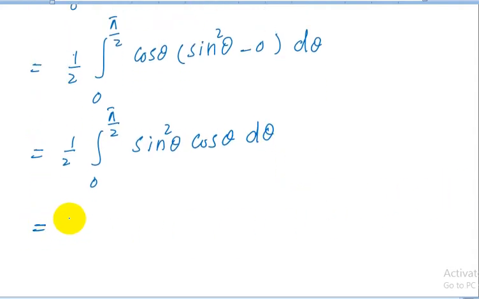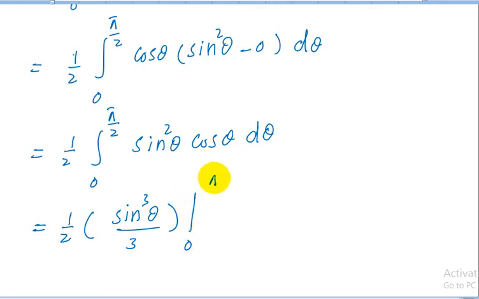Now by the power rule of integration, the derivative of sine theta is cos of theta, so this integral becomes sine power 3 theta upon 3, and the variation of theta is from 0 to pi by 2.